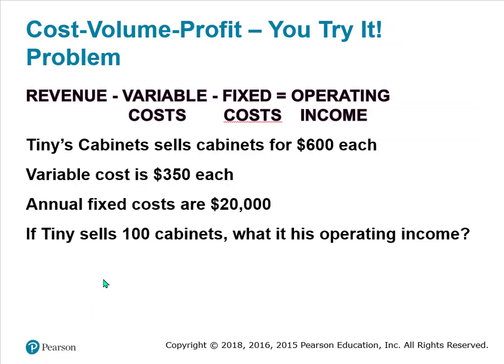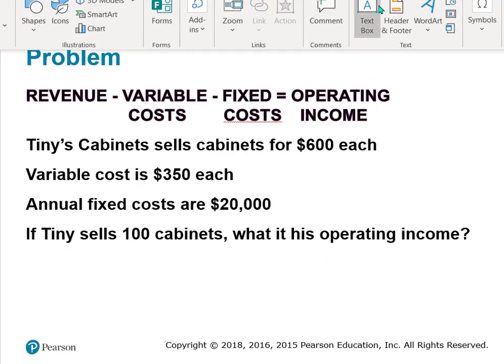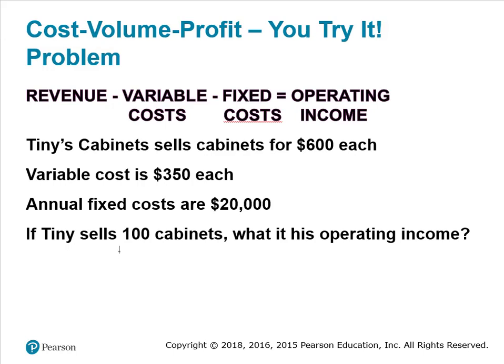All right, here's one of the try-it problems. This is Tiny's Cabinets, and they sell cabinets for $600 each. Variable cost is $300, fixed costs are $20. If Tiny sells 100 cabinets, what's the operating income? Now the fastest way to do this is to look at your contribution margin.